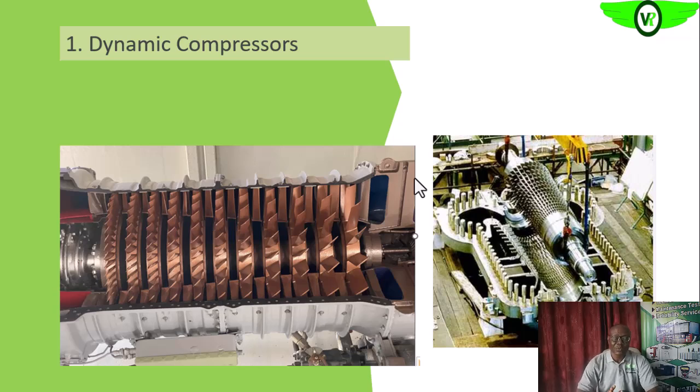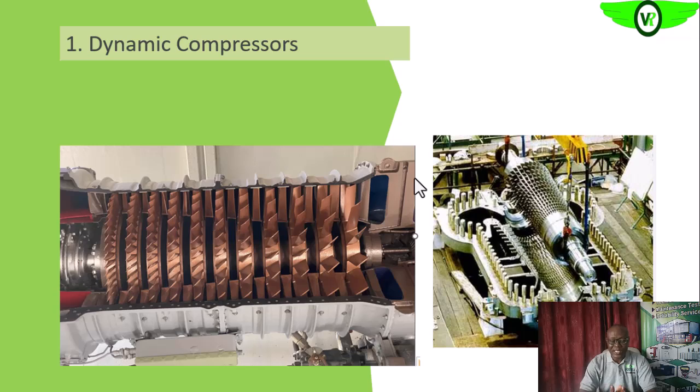So the next that we'll be looking at, still in dynamic compressor, is the axial flow compressor. Remember, in the centrifugal compressor, the gas or the gas molecule is accelerated away from the center towards the circumference of the impeller.